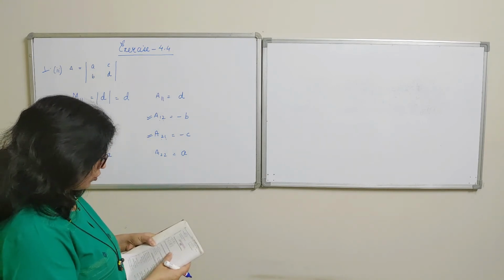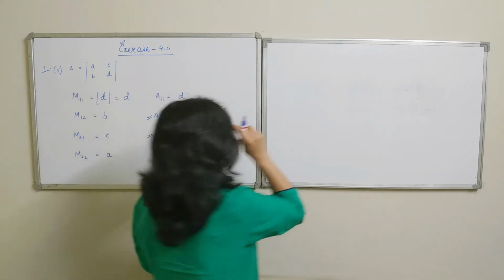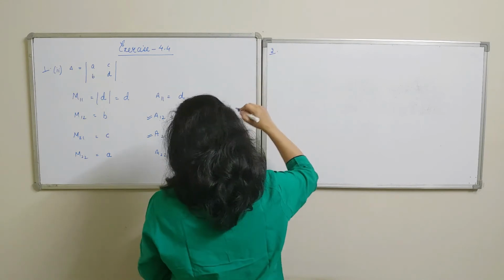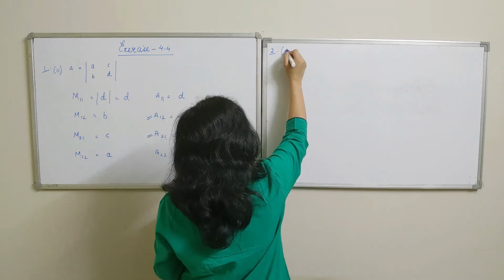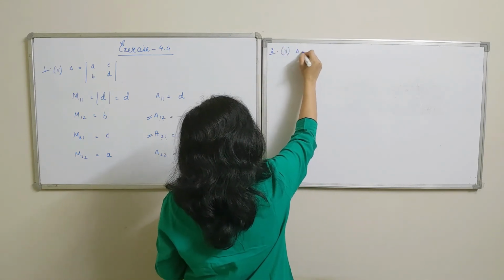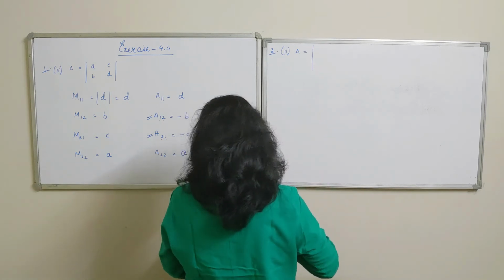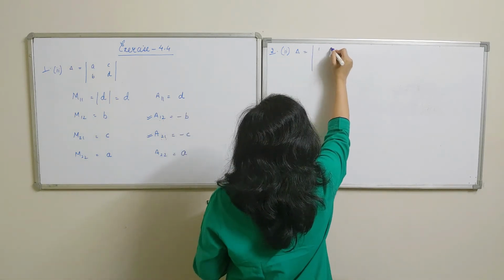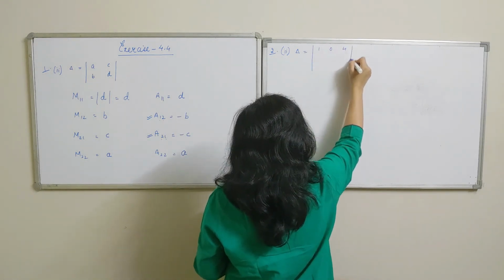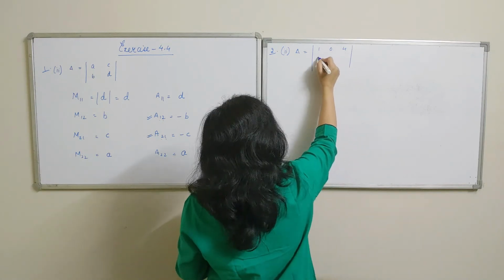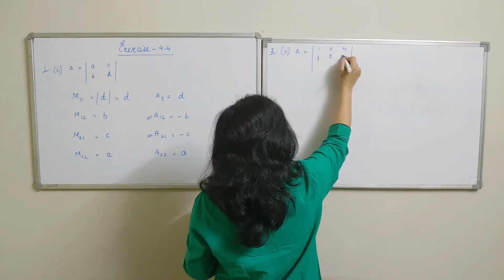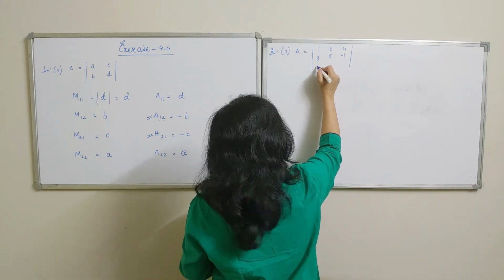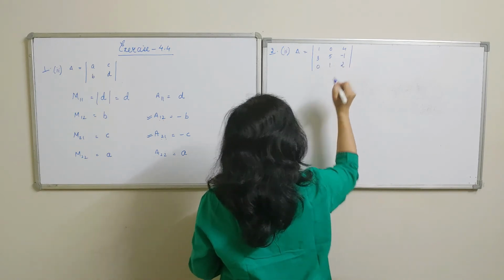Now next we move on to question number 2. Second question, we are doing the second part. A 3 by 3 determinant is given. First row elements 1, 0, 4, then 3, 5, minus 1, 0, 1, 2.